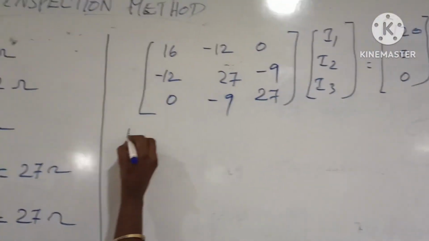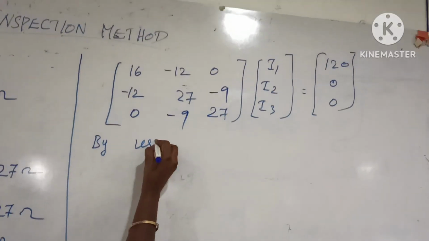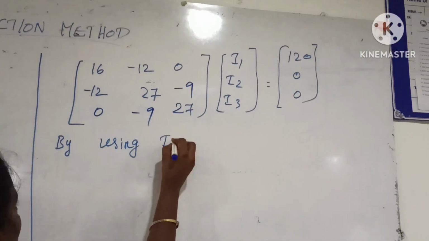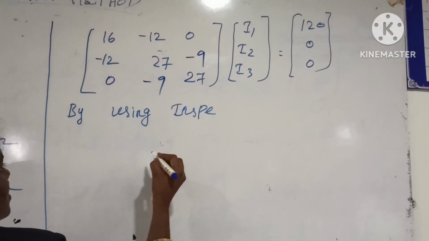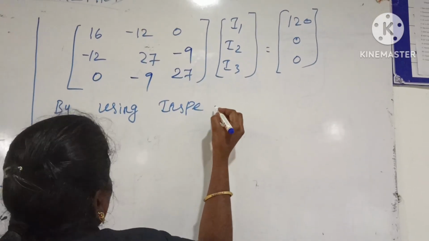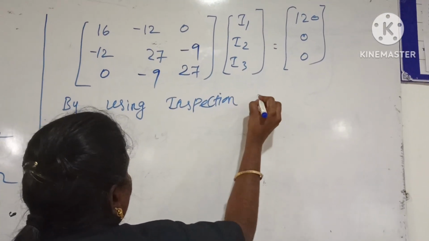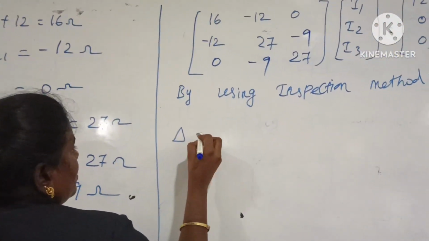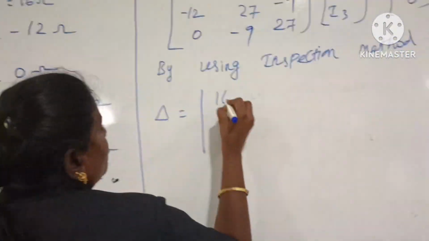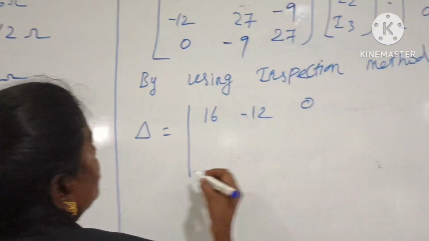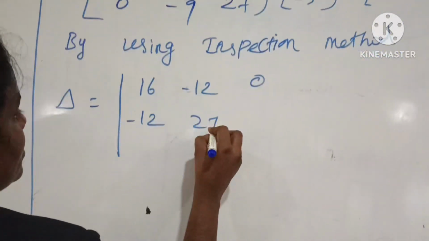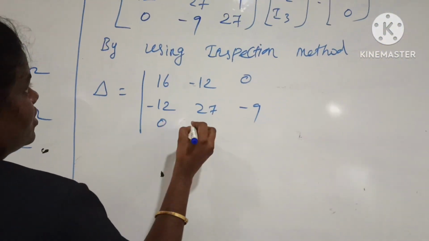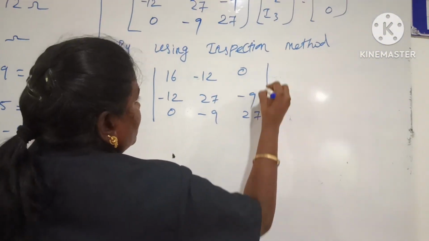So by using the inspection method, we have to find the del matrix. Del is equal to the determinant of 16, minus 12, 0, minus 12, 27, minus 9, 0, minus 9 and 27.